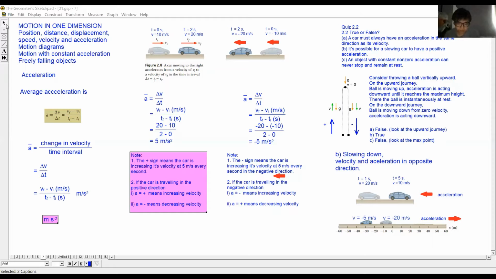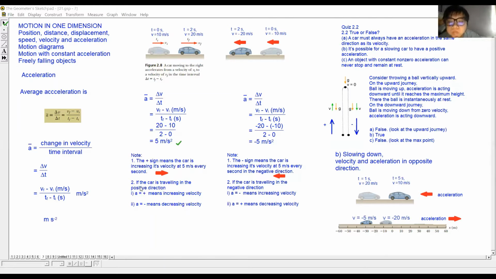The acceleration is positive, which means the velocity is increasing.